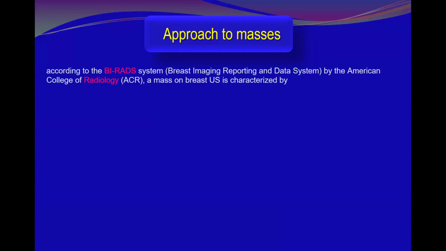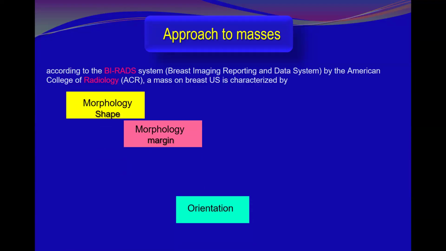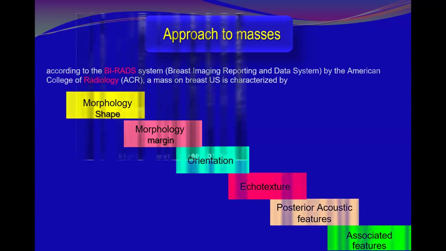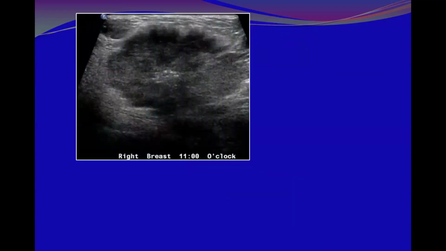As we have mentioned before, according to the BI-RADS system, a mass on breast ultrasound is characterized by the morphology, orientation, echo texture, posterior features, and associated features. Who is going to describe this lesion? Irregular mass. Excellent.